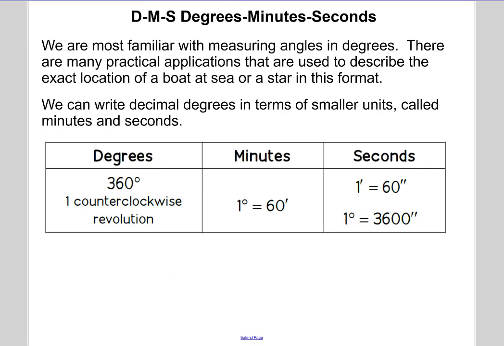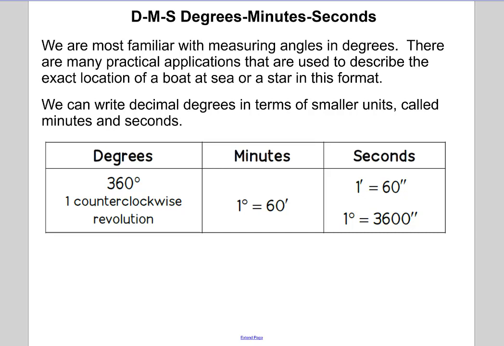Okay, so here we're looking at degrees, minutes, and seconds. This is another familiar or popular way that's used in applications, and a lot of times you'll see, if you ever were in the Navy or the Air Force and were flying a plane or steering some kind of a sea vessel, you would hear about degrees, minutes, and seconds.